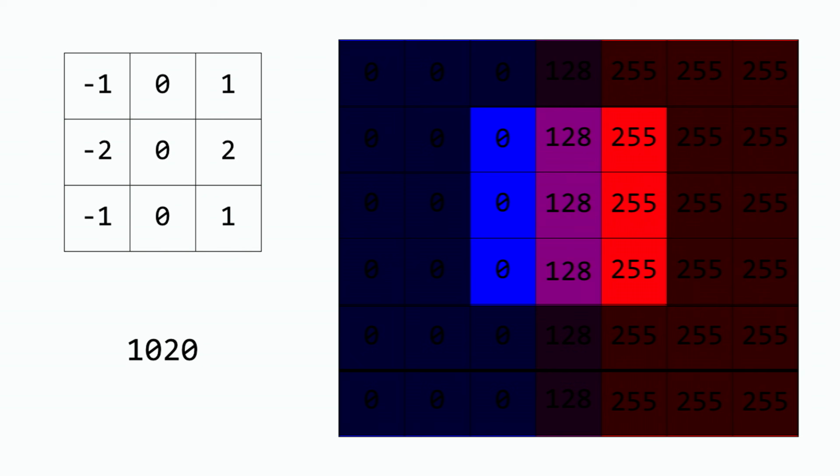After we do all of that math and calculate it, the answer that we get is 1020, a big number that's going to represent the fact that as we move from left to right along this pixel, we see a large change in the value of red, and that's pretty good evidence that there is some sort of boundary that's happening here.